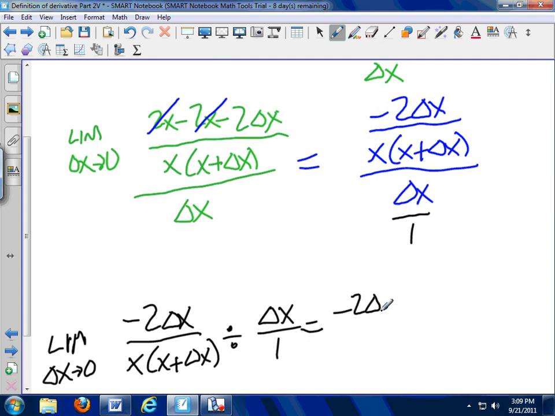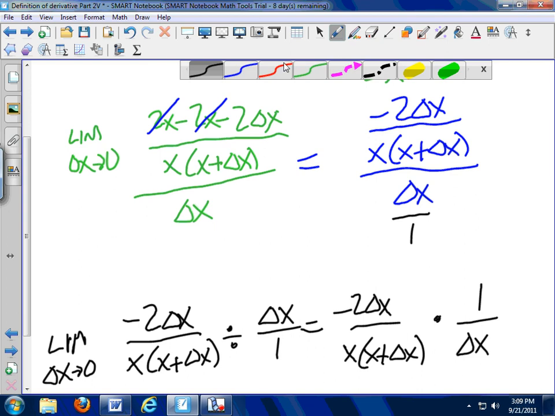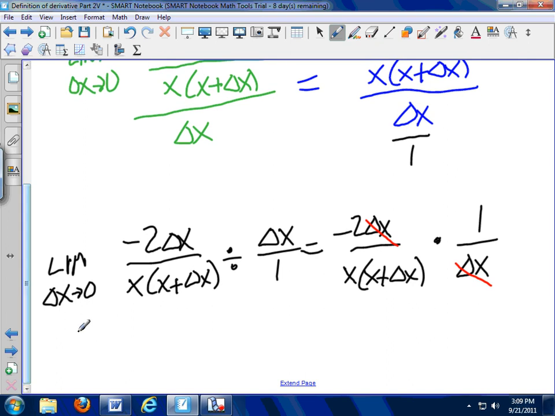Negative 2 delta x over x times x plus delta x, times 1 over delta x, because we can do that. Okay, wonder of wonders, joy of joys, I got a delta x on the top and a delta x on the bottom. They are now evaporated into the ether.